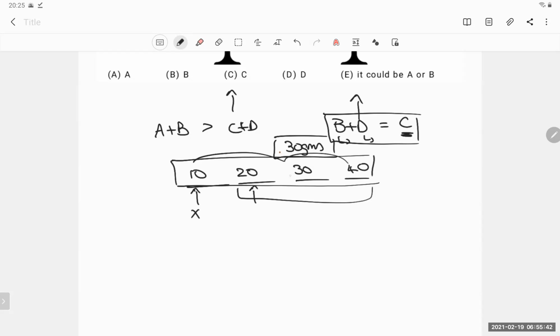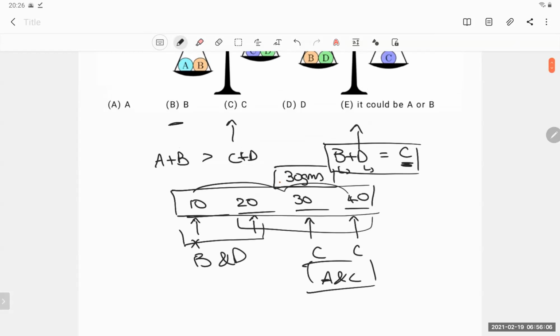Adding any of the other 3 combinations can give you 20? Definitely no. So the lowest that C can be is 30 or 40, correct? So definitely B and D have to be 10 or 20, correct? And A and C have to be 30 or 40. So straight away we know in the question, B and D are definitely not the answer.